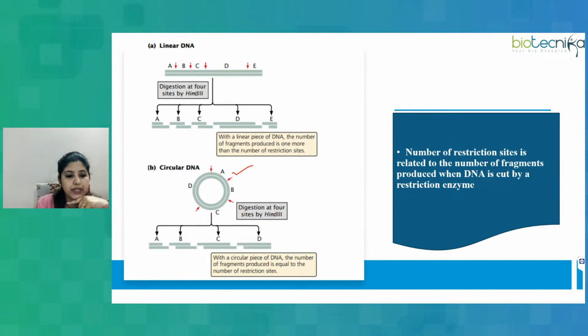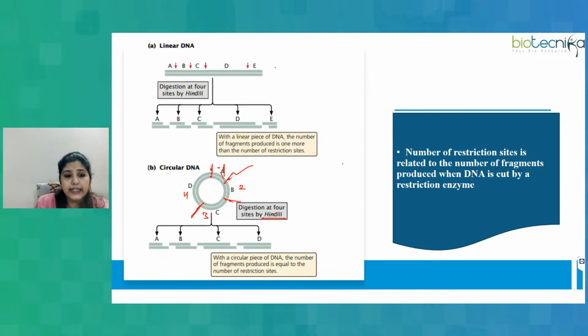For example, if you see here, we have 4 sites for enzyme HindIII, so the number of fragments obtained will also be 4. The enzyme will cut from here and here, so 1 fragment. Then it cuts here and over here, so the second fragment. Then over here, so the third fragment, and this is the fourth fragment.